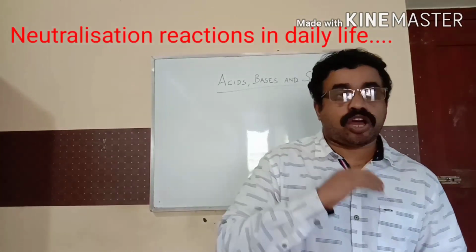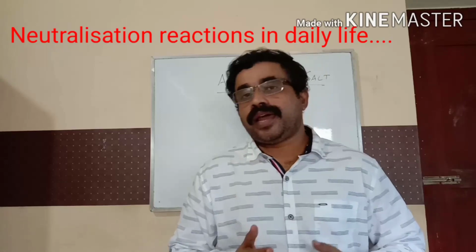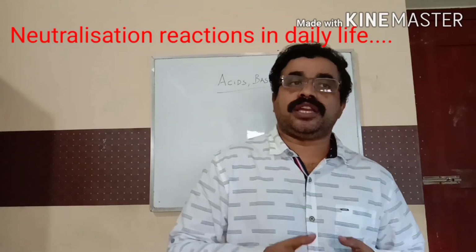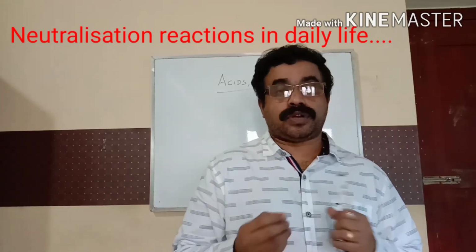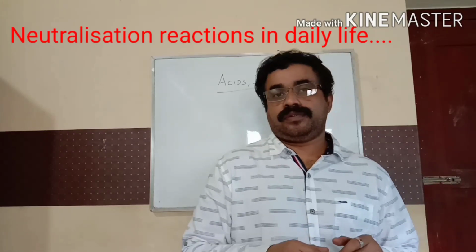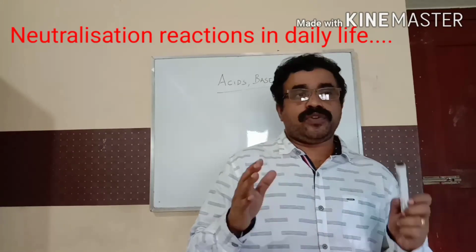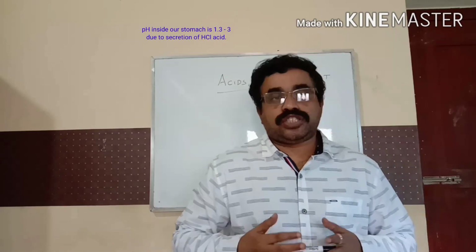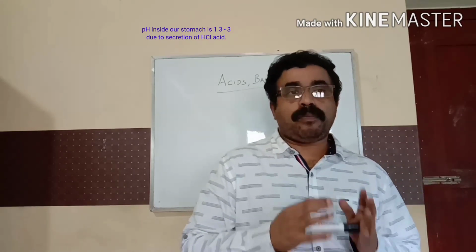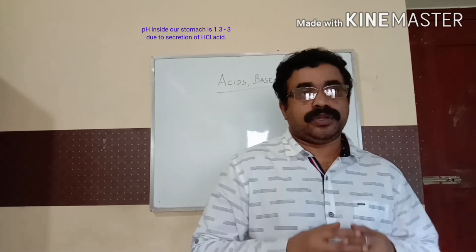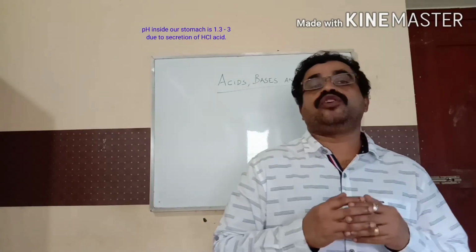Students, our next topic is neutralization reactions in daily life. As all of you know, the pH in our stomach is 1.3 to 3 due to the secretion of hydrochloric acid.